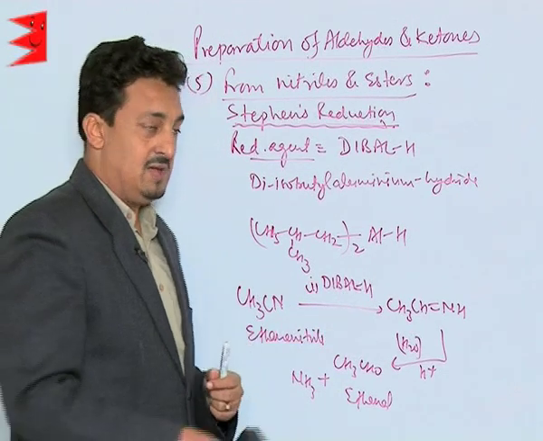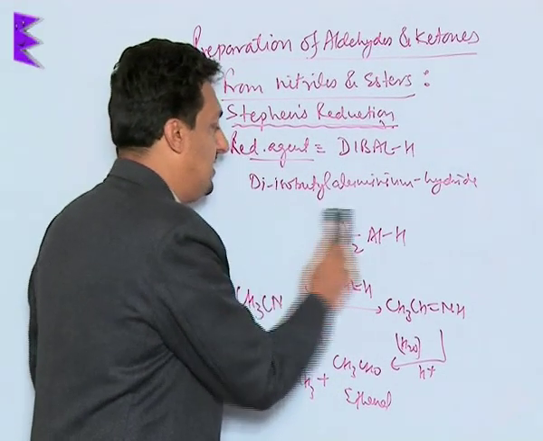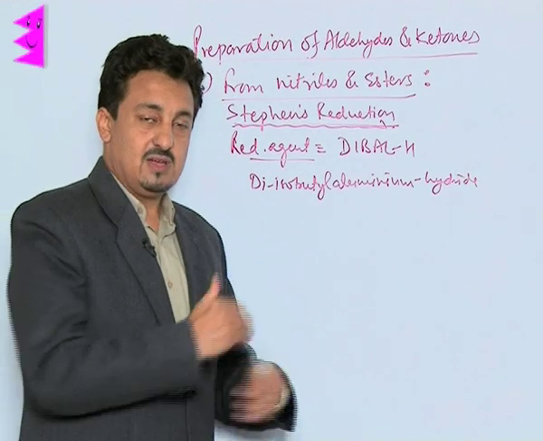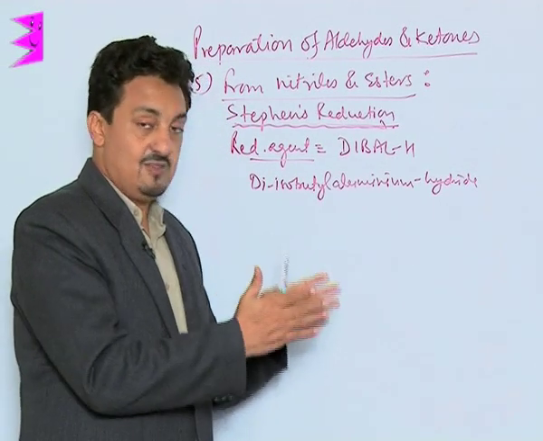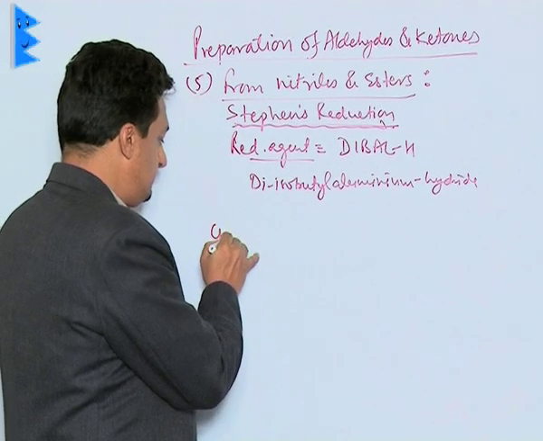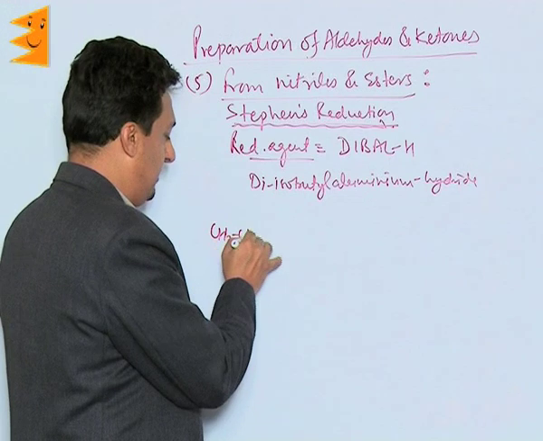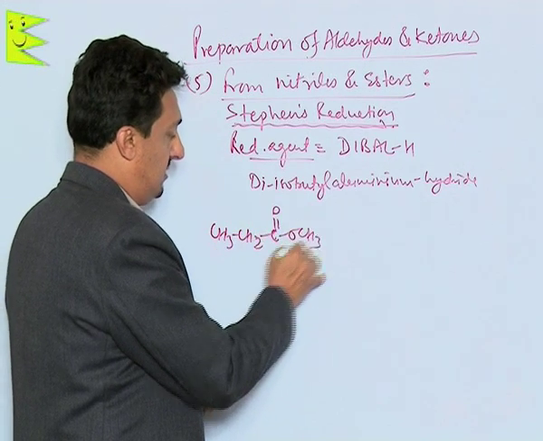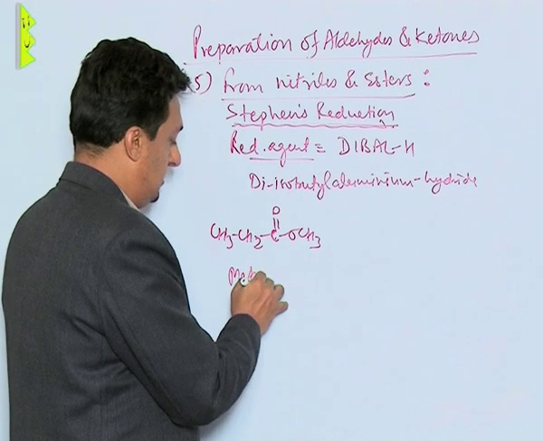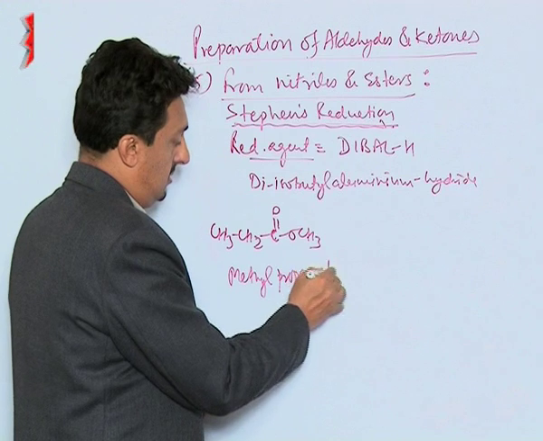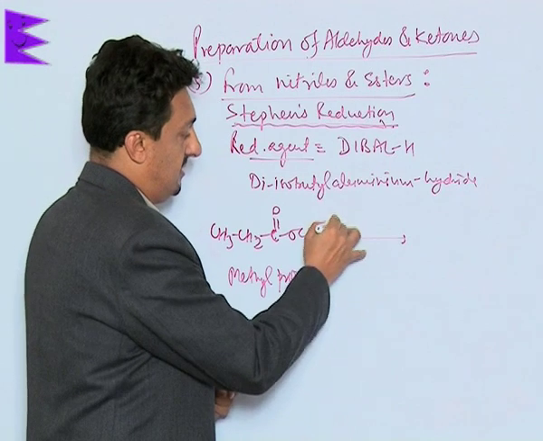The most important thing about this DIBAL-H is that it can reduce esters to the corresponding aldehydes also. In the esters, the acidic part gets reduced to the corresponding aldehyde. Let me give you an example. Suppose we have this ester, called methyl propanoate.